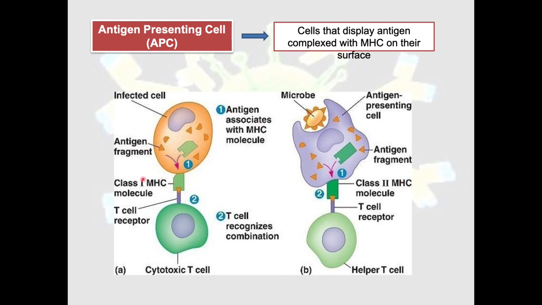MHC class 1 presents short peptides of degraded proteins that come from inside the cell, so we call it endogenous. Whereas MHC class 2 molecules present degraded peptides that come from the outside, so we call it exogenous. Is there an example?